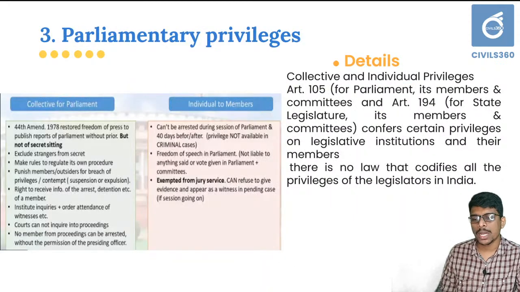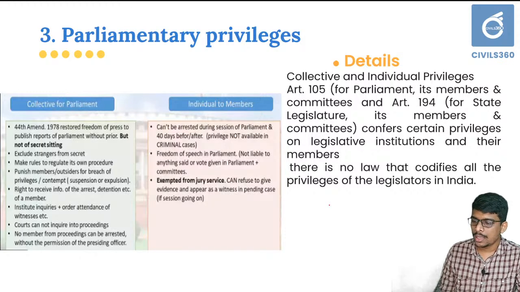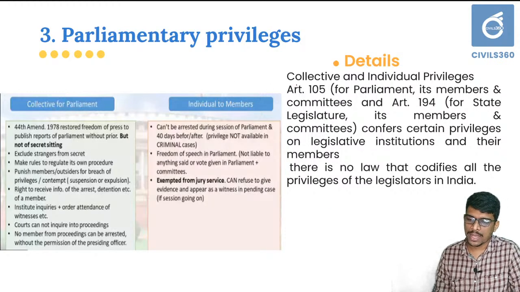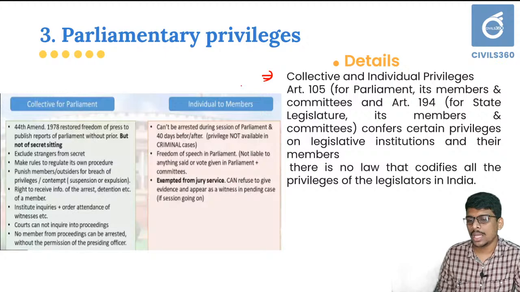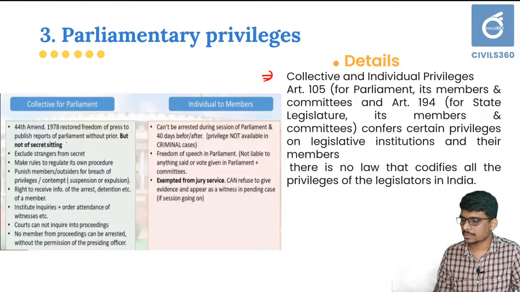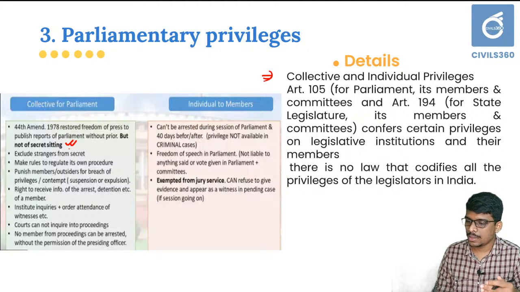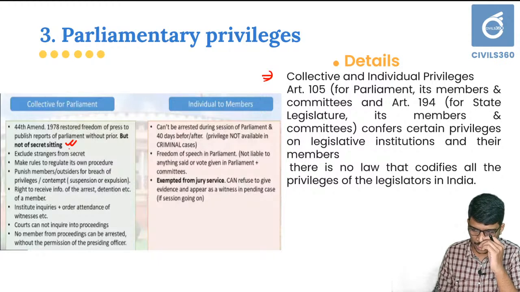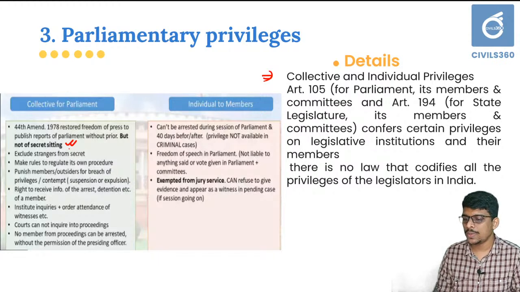Okay, next one is parliamentary privileges. Do go through this because it is essential. The idea is that there are collective privileges and privileges to individual members.